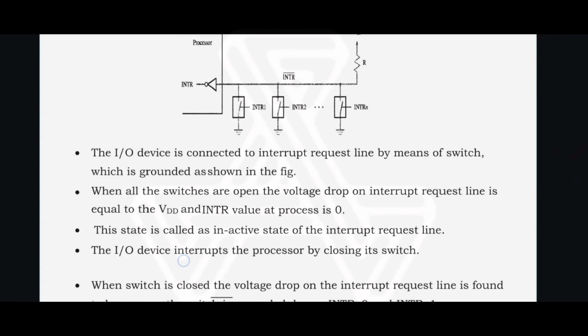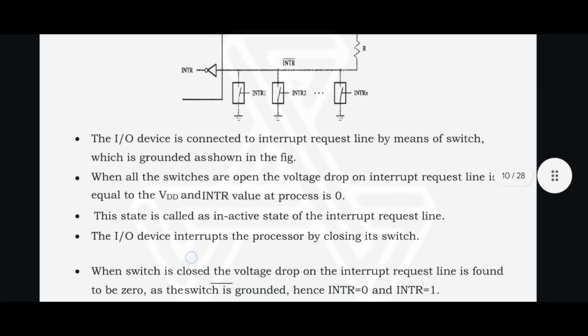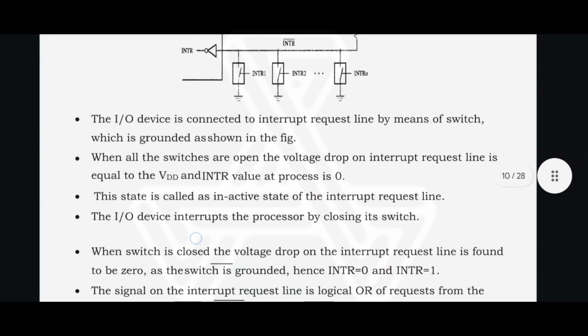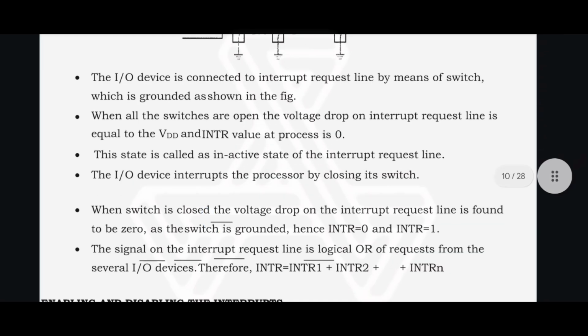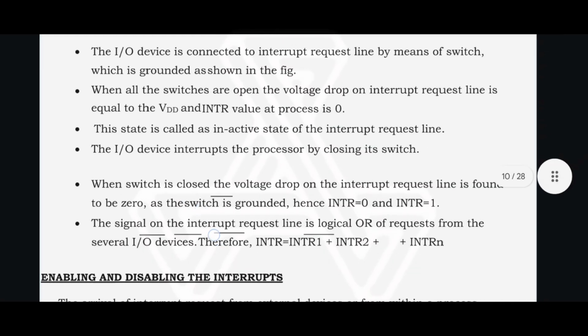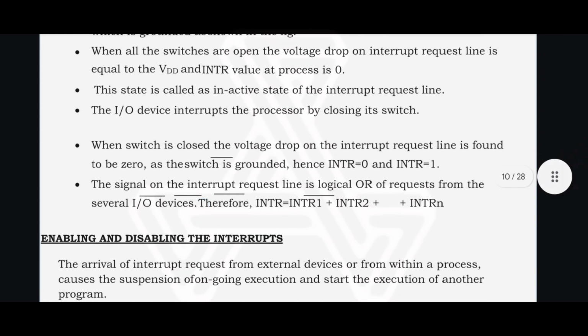The I/O devices are connected to the interrupt request line by means of switches, which are grounded, as shown in the figure. When all the switches are open, the voltage on the interrupt request line is equal to VDD and the INTR value of the processor is 0. This state is called the inactive state of the interrupt request line. The I/O device interrupts the processor by closing its switch.